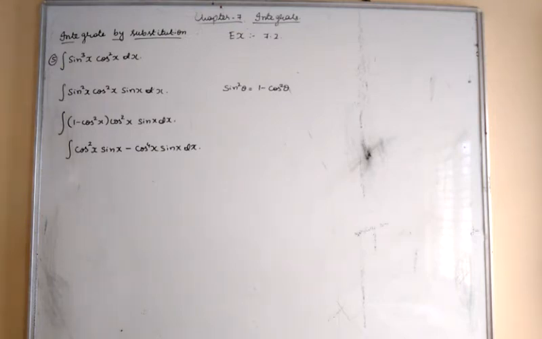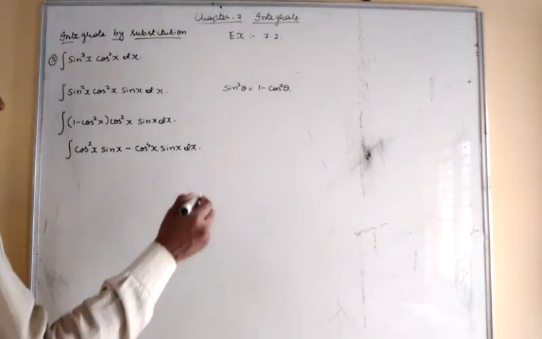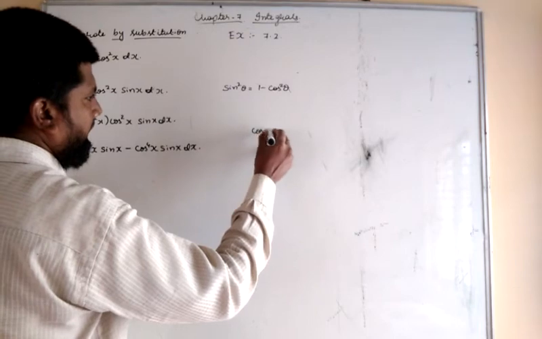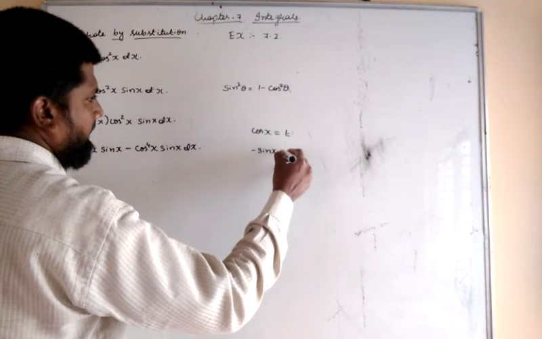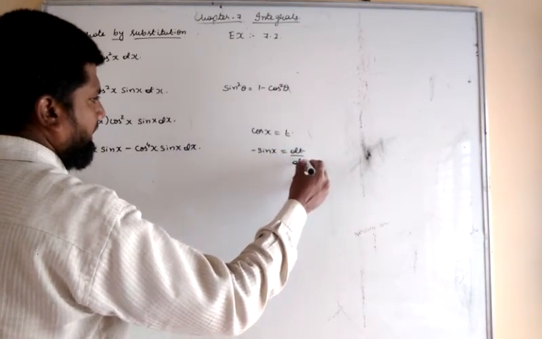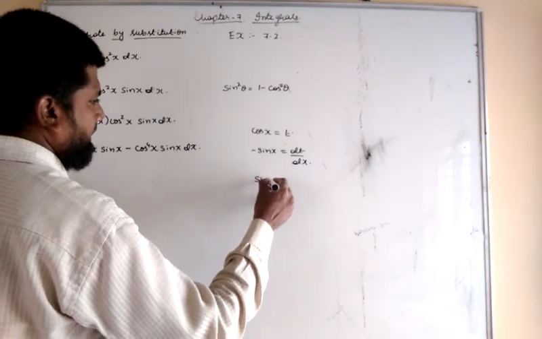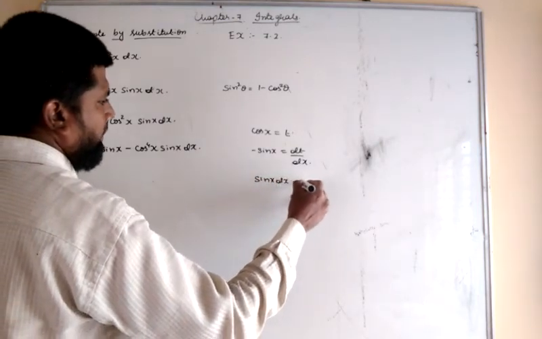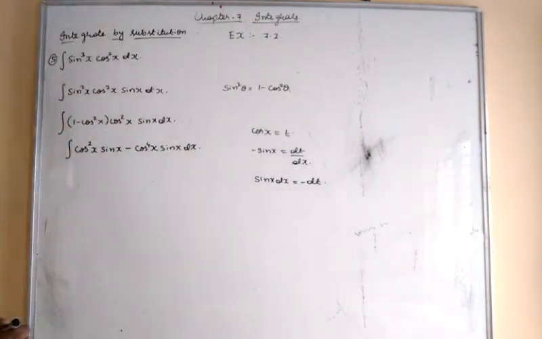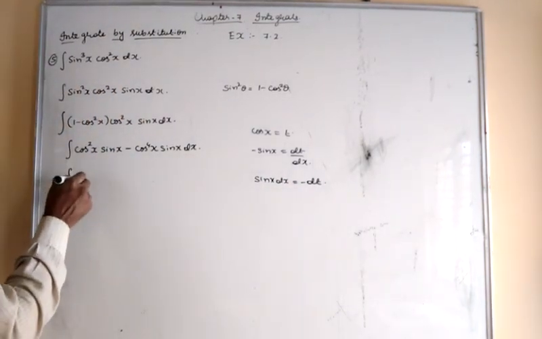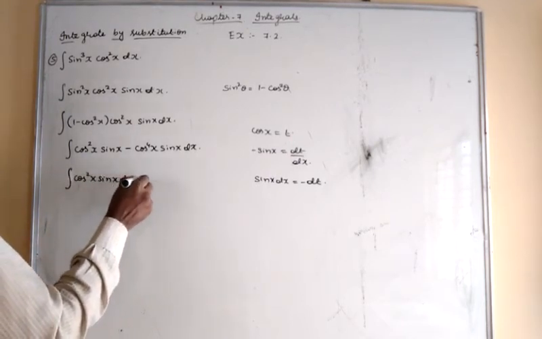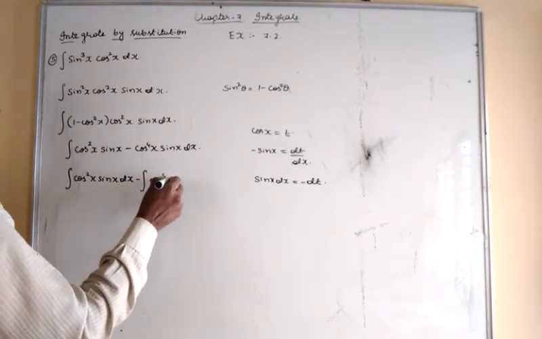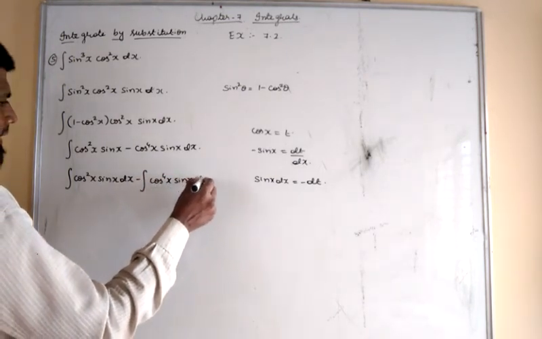So here, if you substitute cos x is equal to t, then the differentiation is minus sin x is equal to dt by dx, then sin x dx is equal to minus dt. So we can write separately cos square x sin x dx minus cos to the power of 4 x sin x dx.